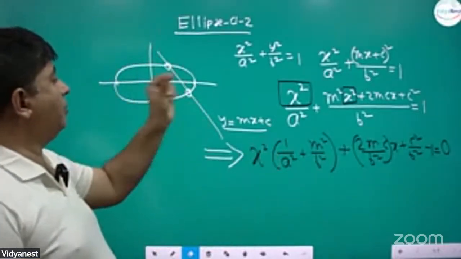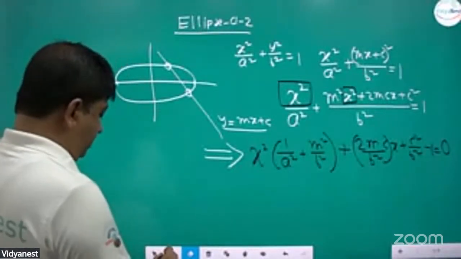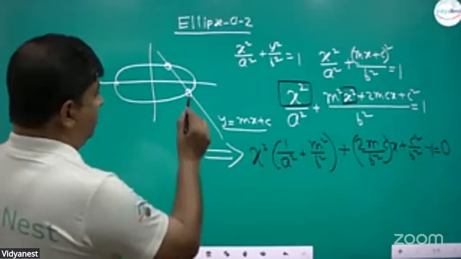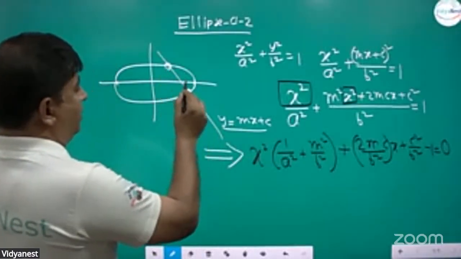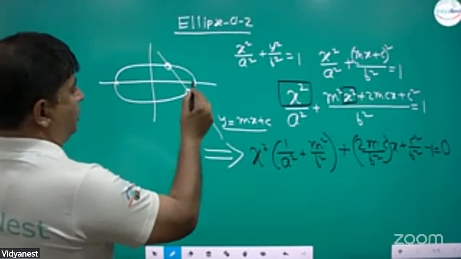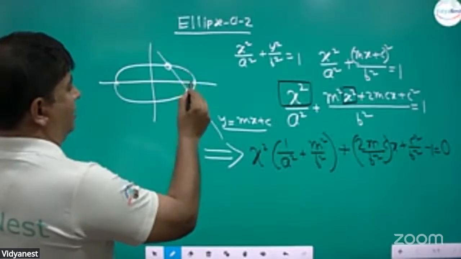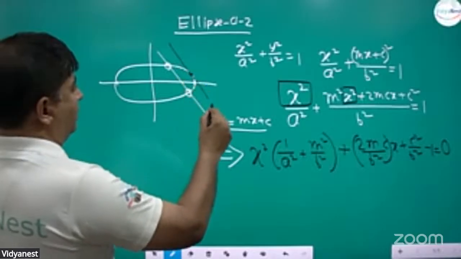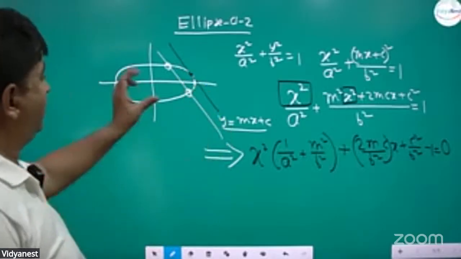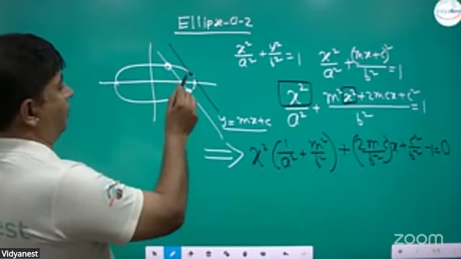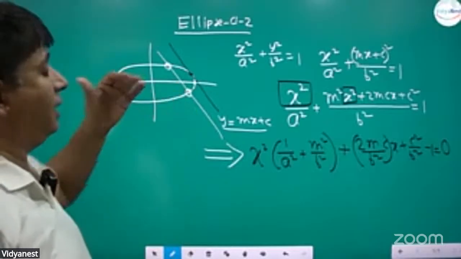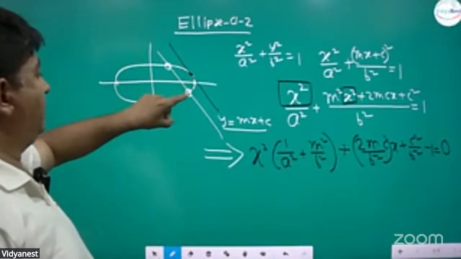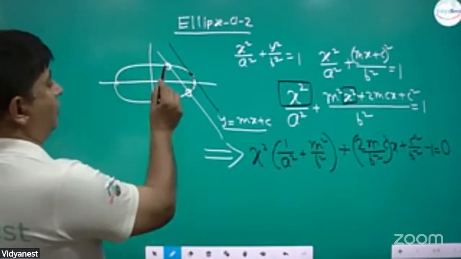When this chord will become tangent, you observe, these meeting points are approaching each other, and once they fall on each other, that chord will become tangent. Then these 2 points will fall on each other or approach each other, and the chord becomes tangent.